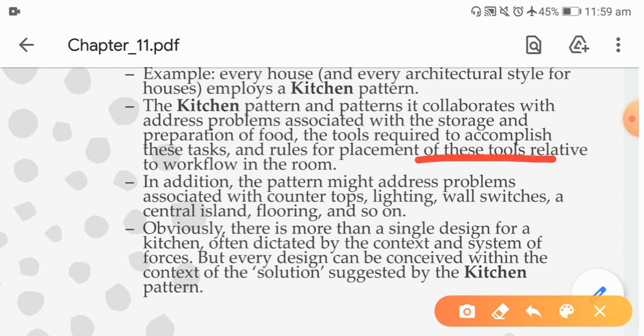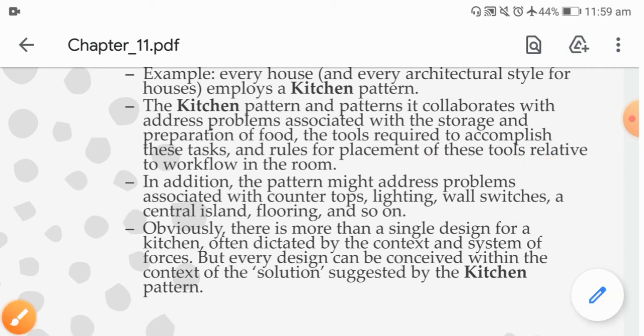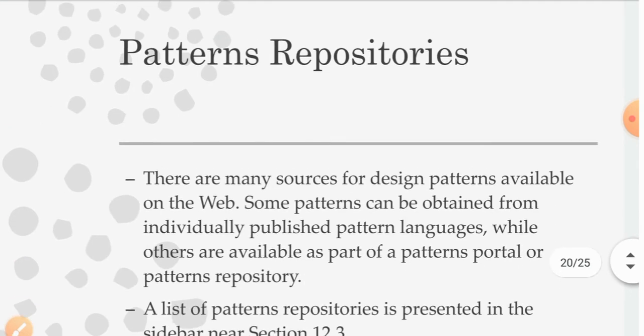In addition, the pattern might address problems associated with countertops, lighting, walls, central island, flooring, and so on. Obviously, there is more than a single design for a kitchen, often dictated by the context and system of forces, but every design can be conceived within the context of the solution suggested by the kitchen pattern. That is, n number of people are going to build kitchens and everyone's requirement is different.